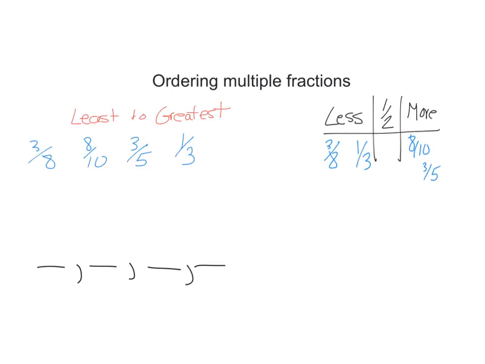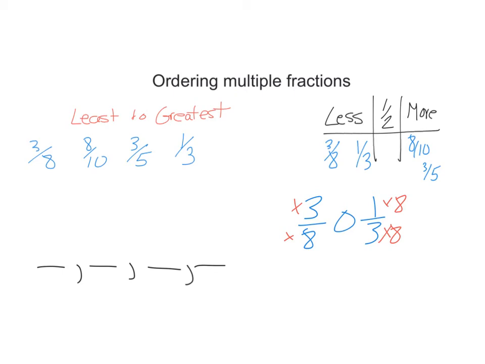I'm now going to start comparing, so if you have not done so, pause the video. Starting with 3/8 and 1/3, I'm going to use my trick that always works, multiplying by the opposite denominator. Oops, excuse me. Made a small mistake.